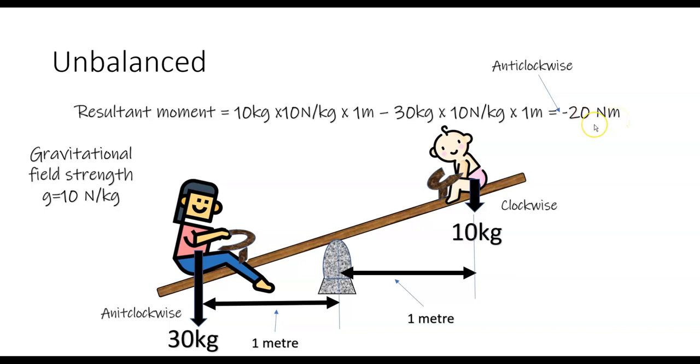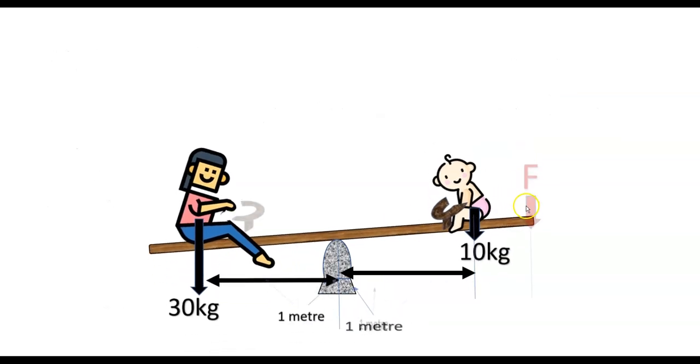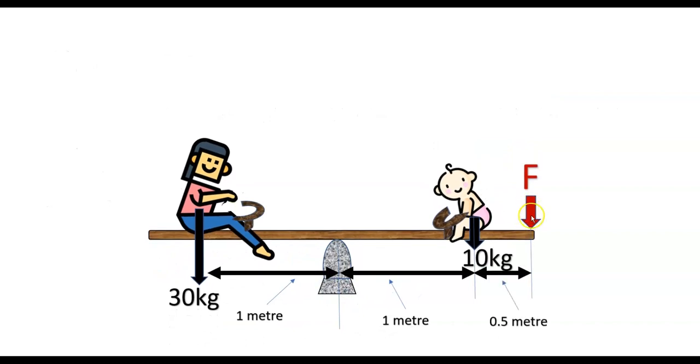Now we know that if we want to balance the seesaw, we have to exert a force on the right hand side. Assuming the force is exerted at 1.5 meters from the pivot, what would be the magnitude of this force F?